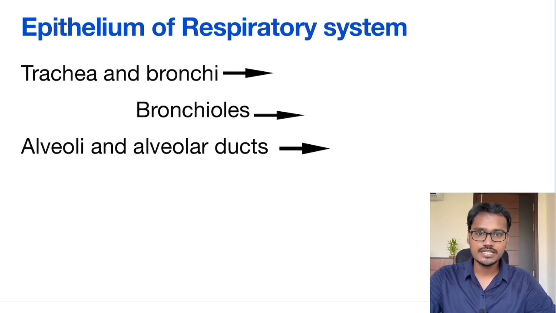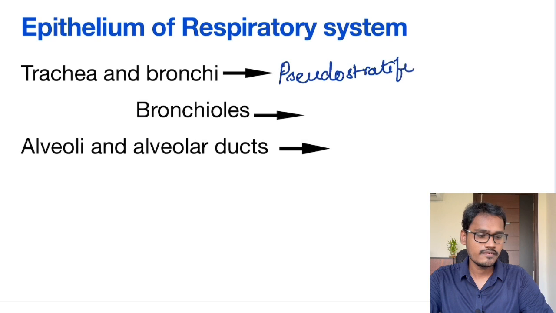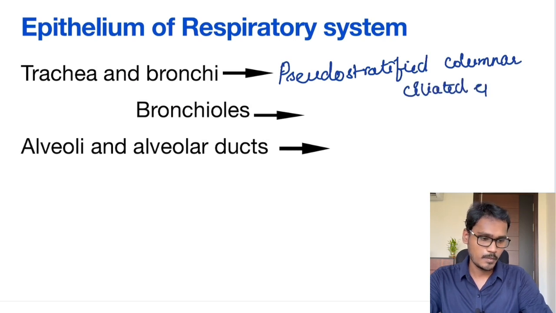For example, the trachea and bronchi are primarily covered by pseudostratified columnar ciliated epithelium.